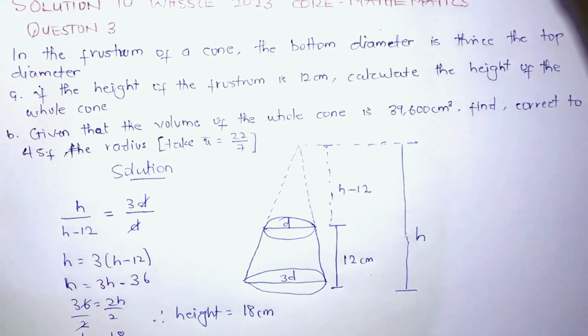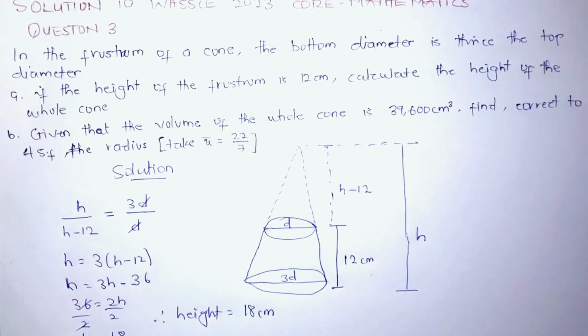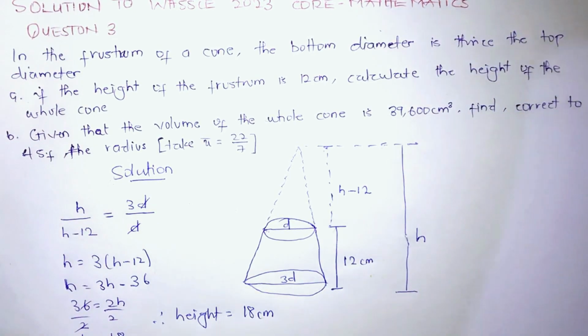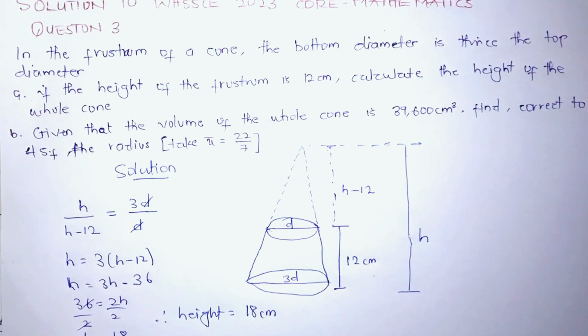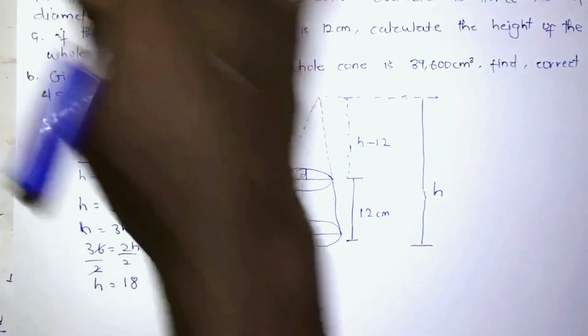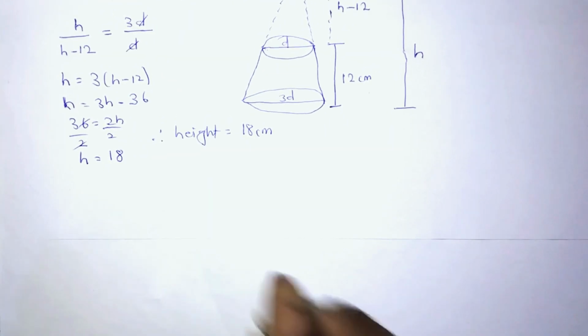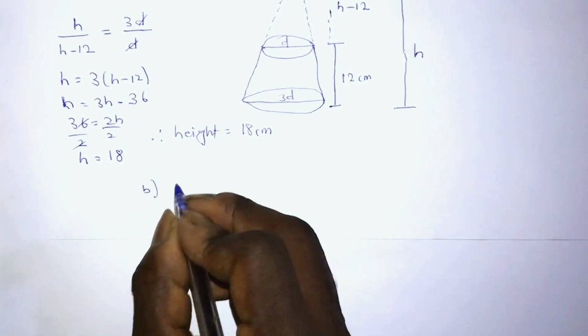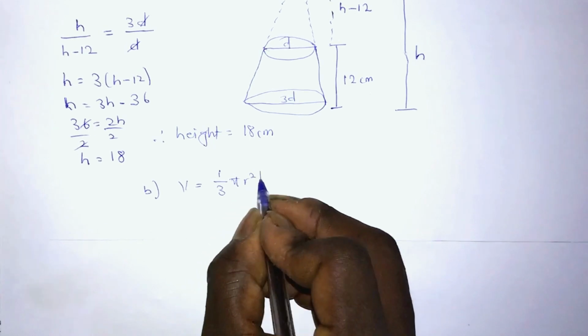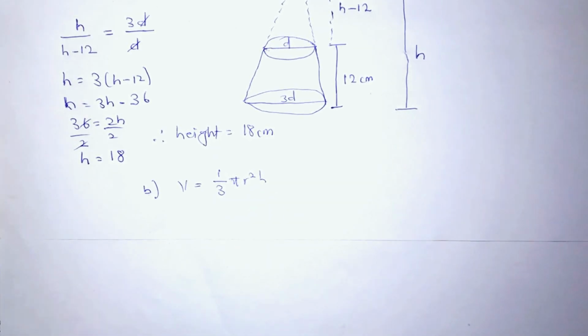So let's do that. Now, to calculate the radius, we know the formula for volume of a cone to be equal to 1/3 times the circle and height. So volume of a cone, V. So we are solving the B. V is giving us 1/3 pi r squared H. So we know pi and we know the height.